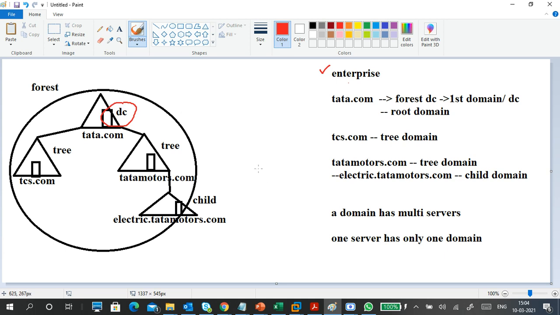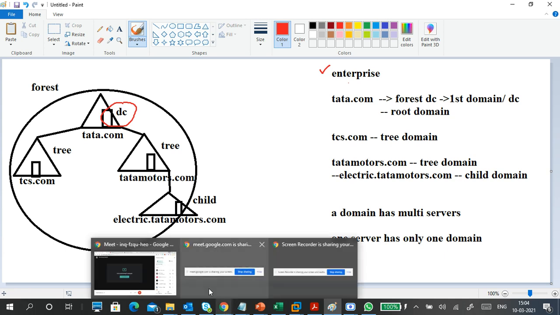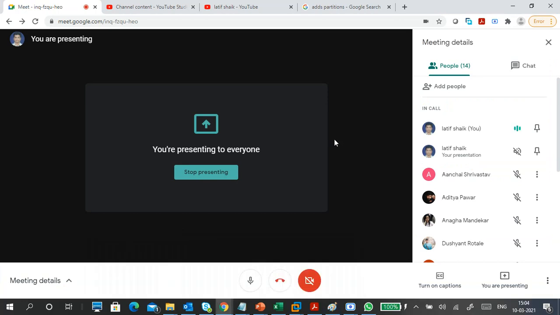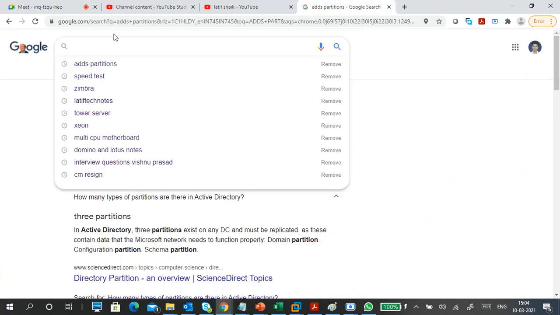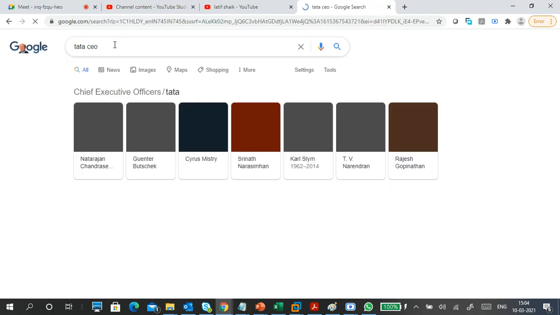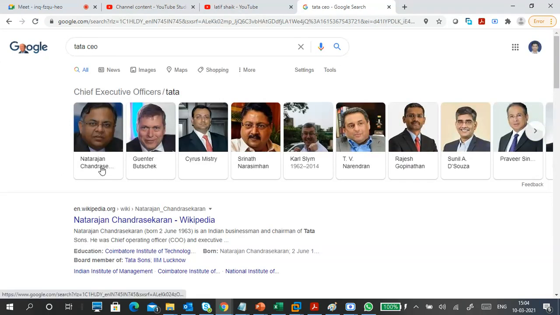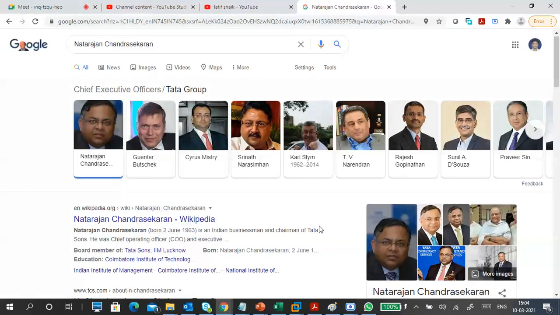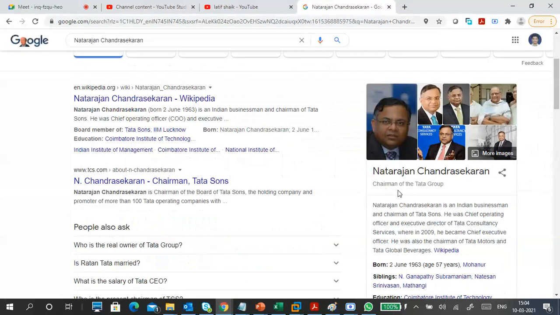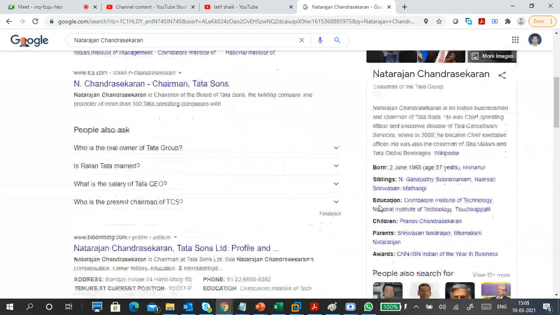Ratan Tata, right? So who is the current Tata CEO? Anyone? Ratan Tata is retired, but still giving commands also. Who is the current CEO of Tata? Natarajan Chandrasekharan.